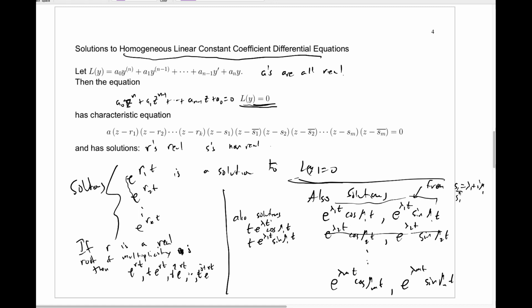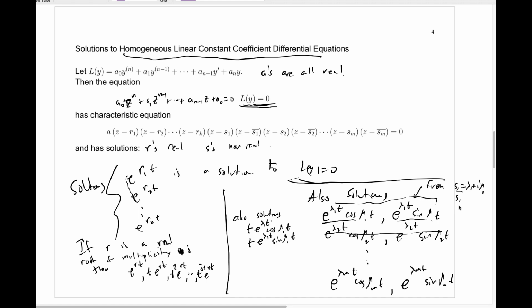If you have a complex root of multiplicity 4, you would have functions like this and this. You would have t times this and t times that, t squared times this and t squared times that, and t cubed times this and t cubed times that. So you would have 4 pairs of functions this time, corresponding to a multiplicity 4 for S1 and multiplicity 4 for S1 bar.